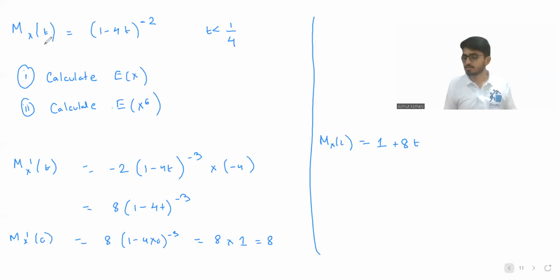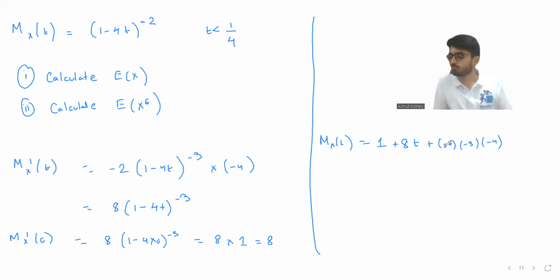Instead of x, what I have is minus 4t. Instead of p, what I have is minus 2. So this will simplify. The next term will be p into p minus 1 into minus 4t whole square by 2 factorial, so this is the second term.